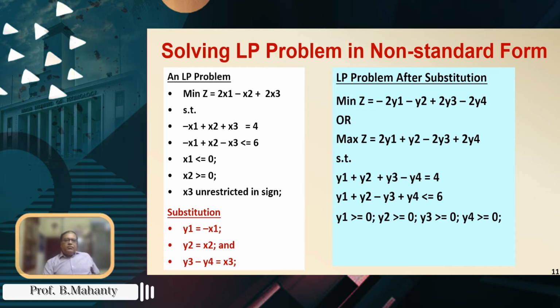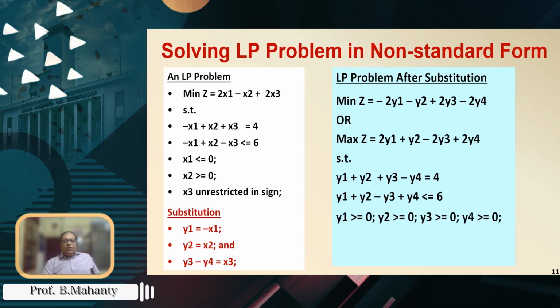The first constraint, because minus x1 has become y1, x2 has become y2, and x3 has become y3 minus y4: y1 plus y2 plus y3 minus y4 equal to 4. And the second constraint, y1 plus y2 minus y3 plus y4 is less than equal to 6. And all y1, y2, y3, y4 are greater than equal to 0.